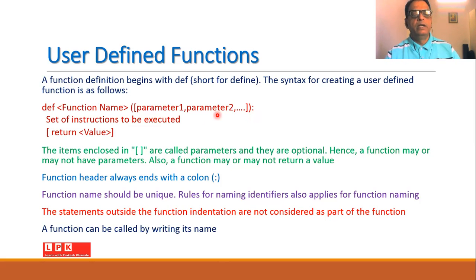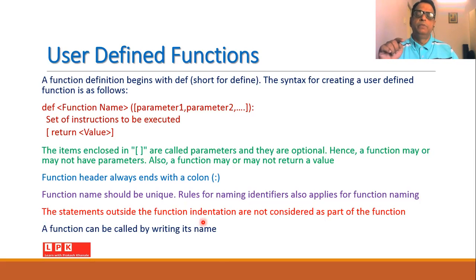Also, the function header will always end with a colon, and the function name should be a unique name. Any identifier name can be a function name, and the rules for naming identifiers also apply to functions. You can write as many statements as you want, but statements outside the function's indentation are not considered part of the function.